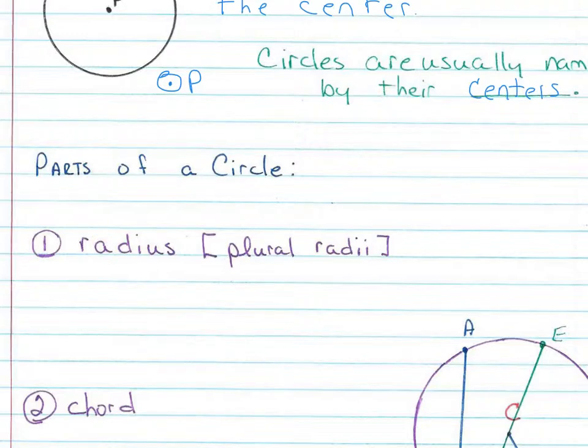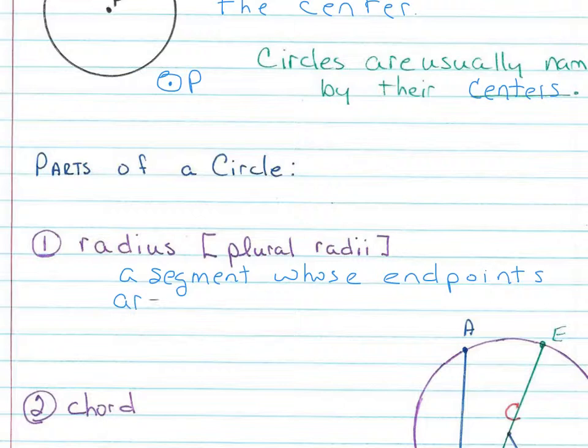A radius is a segment whose endpoints are the center of the circle and a point on the circle.